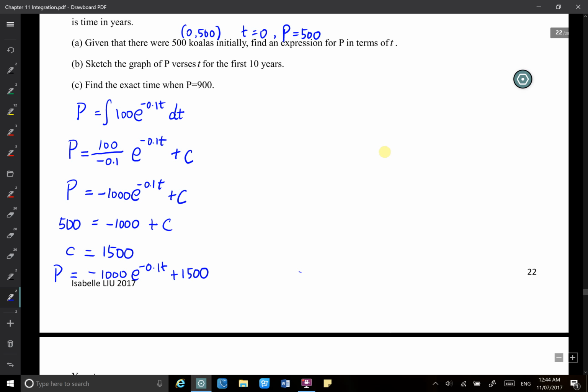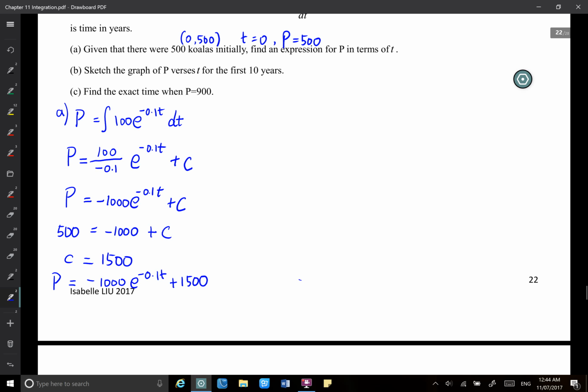So 500 equals negative 1000 e to the power of 0, which is 1, plus c. So c is 1500. So P is negative 1000 e to the power of negative 0.1t plus 1500. That is A.